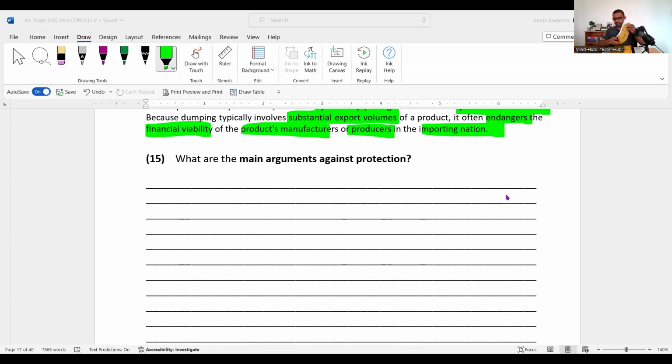So the question was: provide two arguments each for and against protectionism in international trade. It's a 4-mark question.